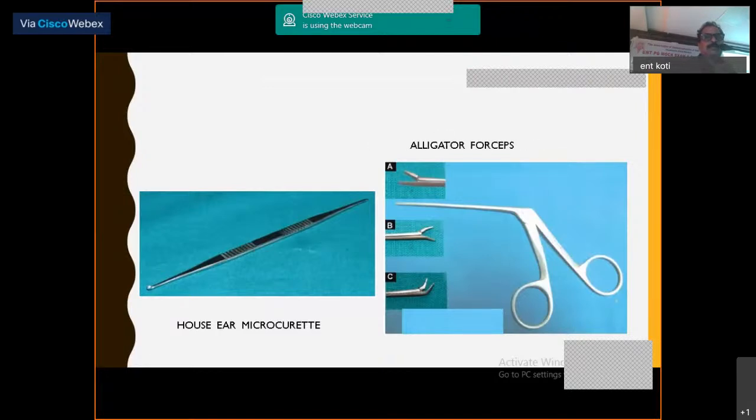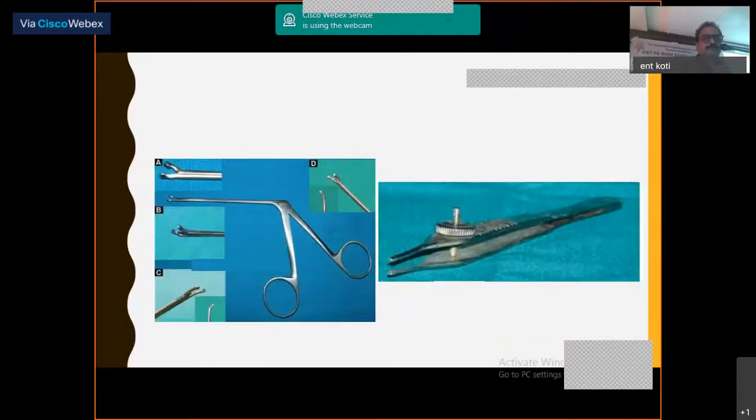This one is alligator forceps. This one, you know in which surgery it's used? For ossicle holding.